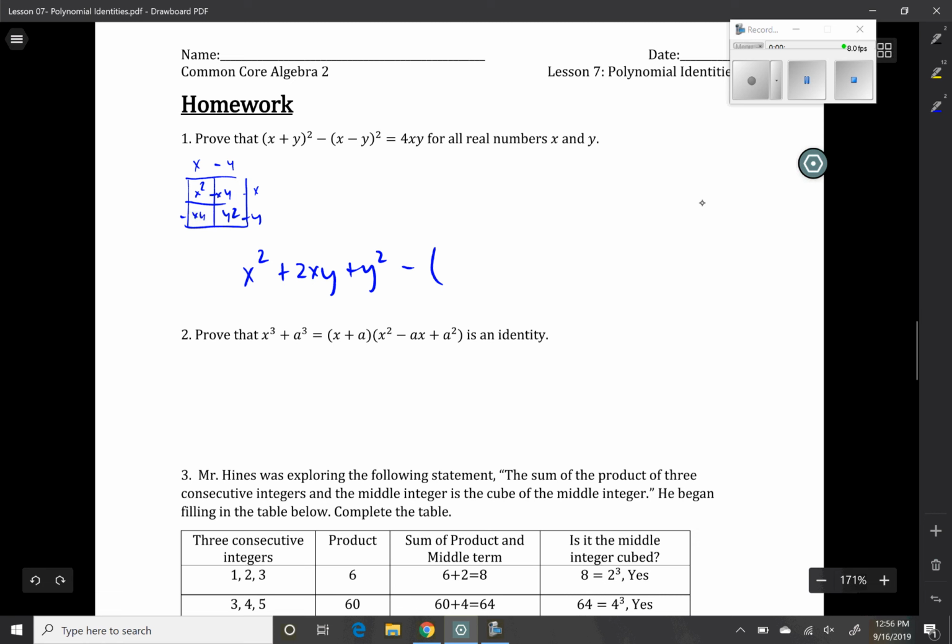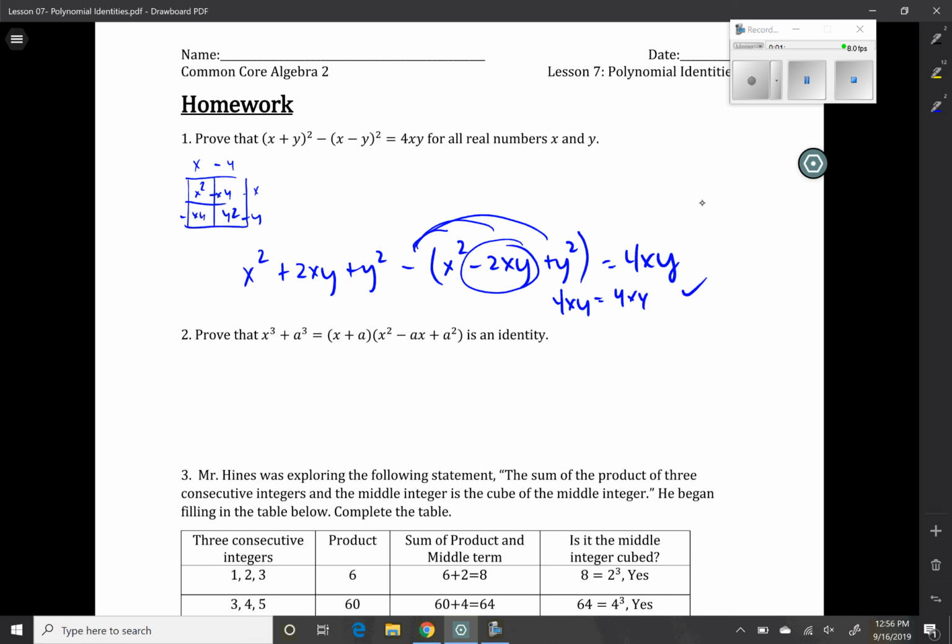So we're going to get x squared minus 2xy plus y squared all equals 4xy. Everything here, when you distribute this, is going to cancel except for this term. It's going to become positive, so that tells us 4xy is equal to 4xy. It's an identity. This also, by the way, would generate another set of Pythagorean triples.